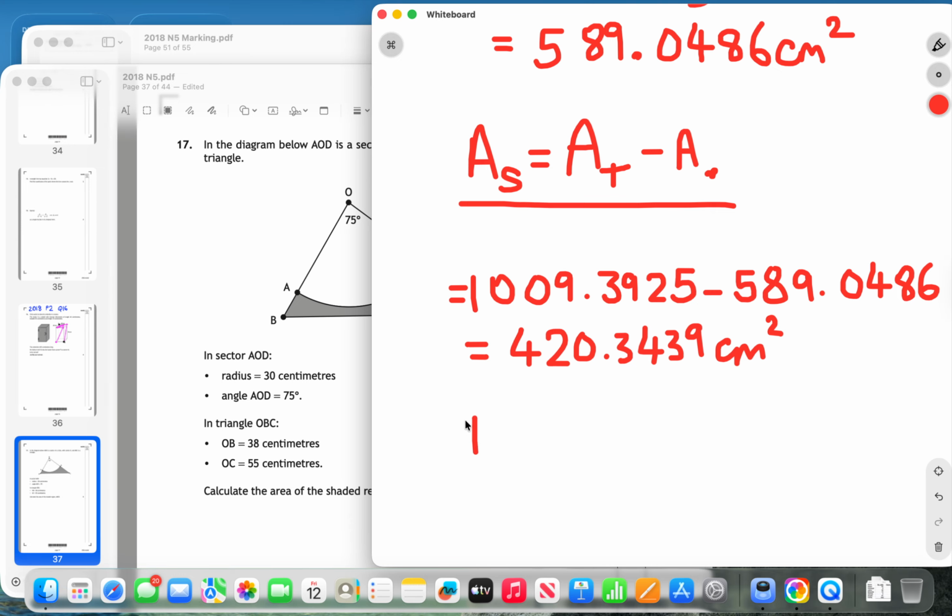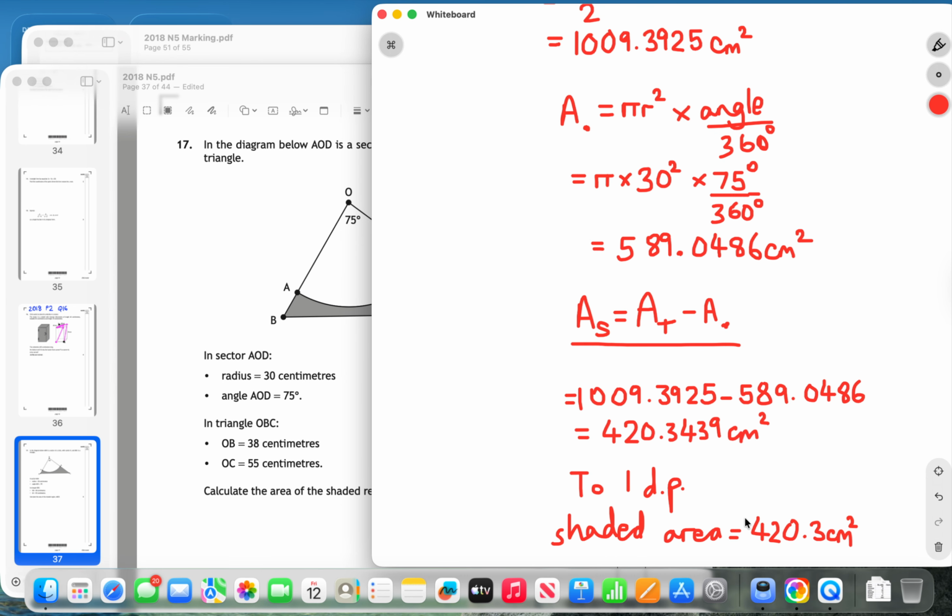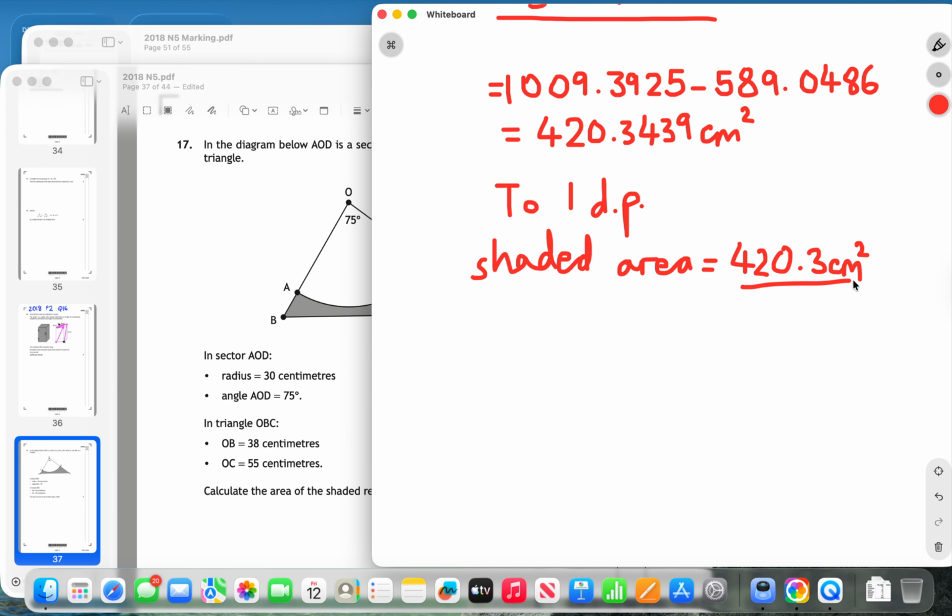So we'll say to 1 decimal place, we'll say the shaded area equals 420.3, and our units, be very careful with the units of centimetres squared. And that's us answered the question at last.